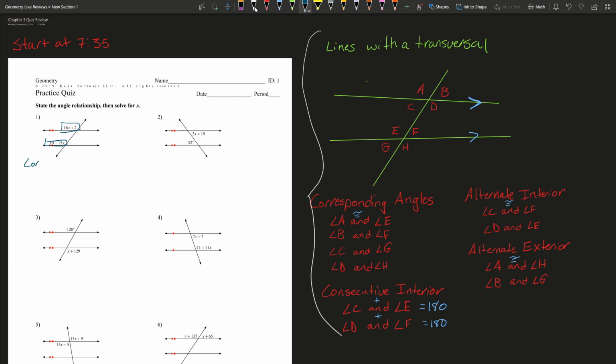So we can set 16x plus 2 equal to 10 plus 15x. Then we just solve. I would subtract 15x from both sides, so we get x plus 2 is equal to 10. Subtract 2 from both sides, so x is equal to 8.